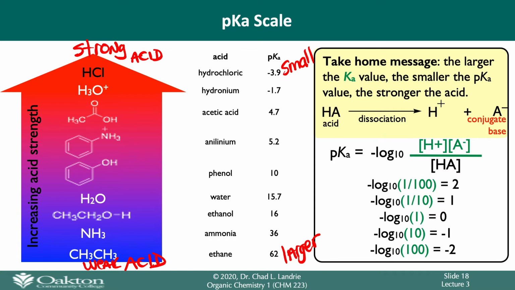I'll do just one for you as an example. If the pKa of water is 15.7, then that means its Ka is 1 times 10 to the -15.7. That's pretty small. Water is a fairly weak acid. It's got a small Ka.